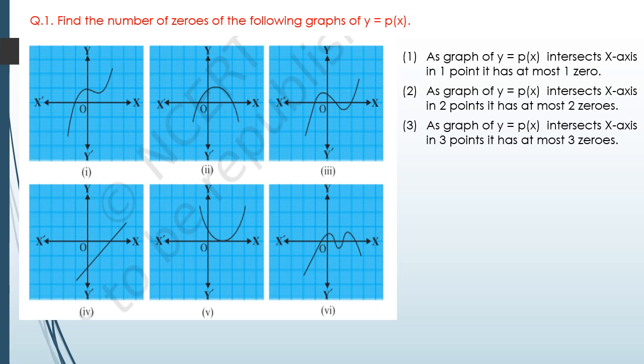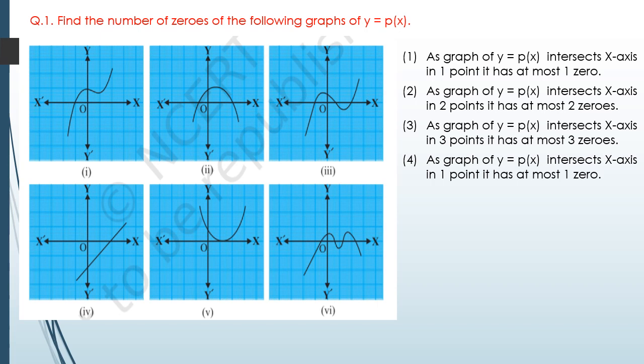The fourth one is clearly a graph of a linear polynomial, and it is intersecting the x-axis in only 1 point. So we can say that it has at most one zero. The next one is a graph of a quadratic polynomial. Now this example is very important. We know that the shape of a parabola represents a quadratic polynomial, but here it is touching the x-axis in only 1 point. Why is it so? Because in this case both the zeros are equal.